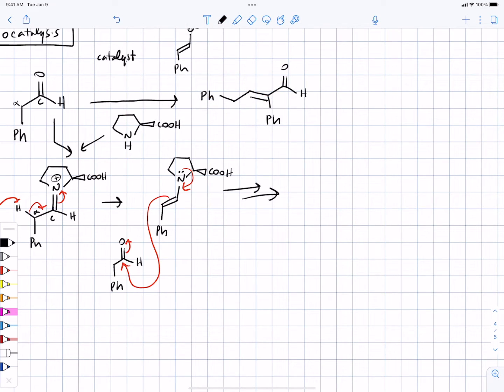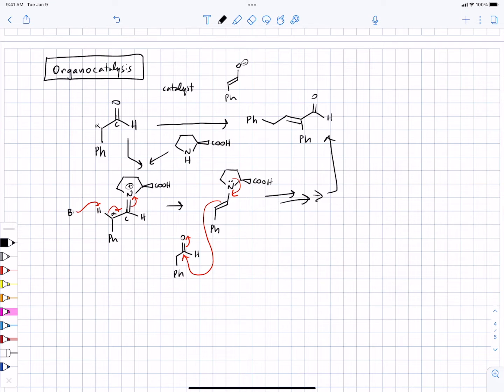And then there's multiple steps and hydrolysis of the enamine or iminium ion to get you that final product. So enamine-based catalysis is where you're using the secondary amine to convert your carbonyl compound into a better nucleophile.